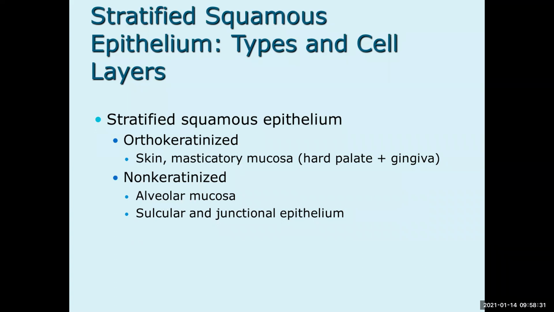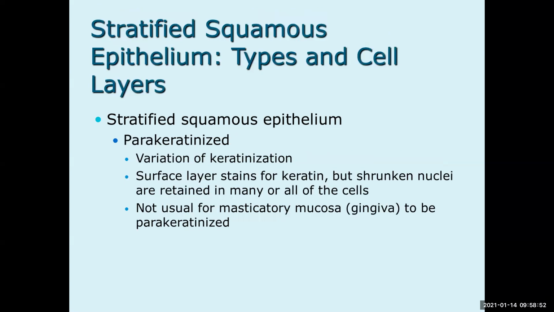Okay. Squamous cell epithelium. You've got your stratified squamous epithelium, your orthokeratinized, which is your skin and your masticatory mucosa. Then you've got your non-keratinized, your alveolar mucosa and sulcular and junctional epithelium. It makes sense if you think about it. Then there's something called parakeratinized, which is part of the stratified squamous.